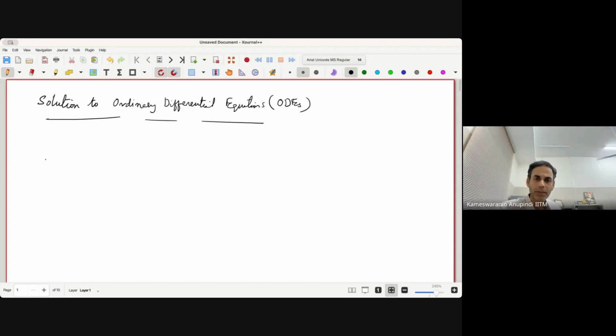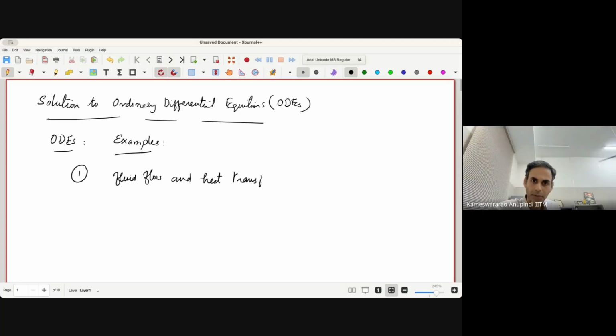You might have come across several ODEs in your studies, academics, or in your work. Can you tell a few examples of application areas where ODEs are encountered? Routinely in solving fluid flow and heat transfer problems, we encounter ordinary differential equations.